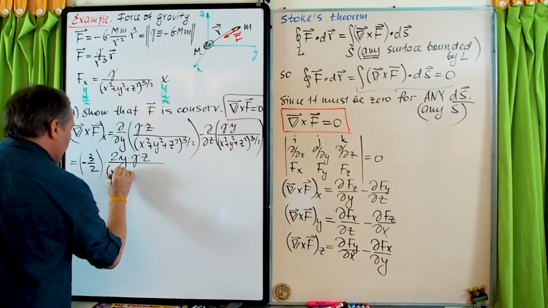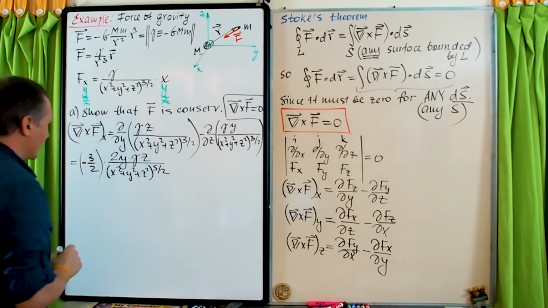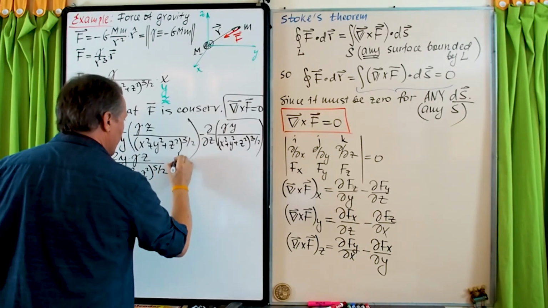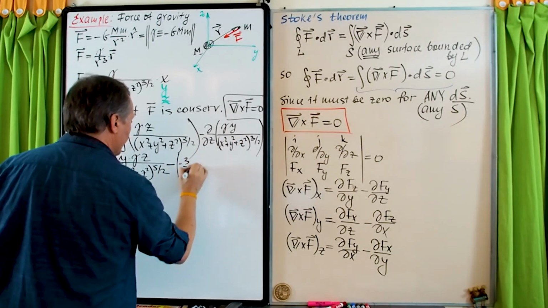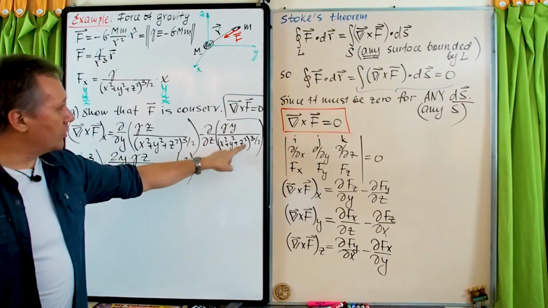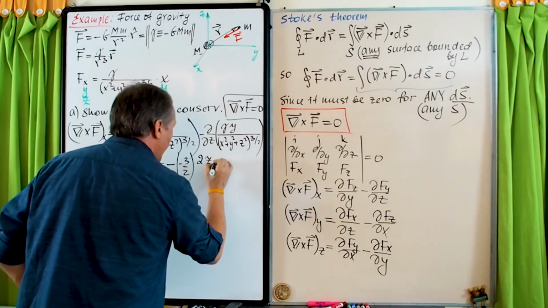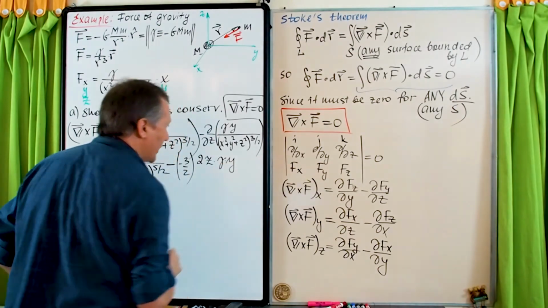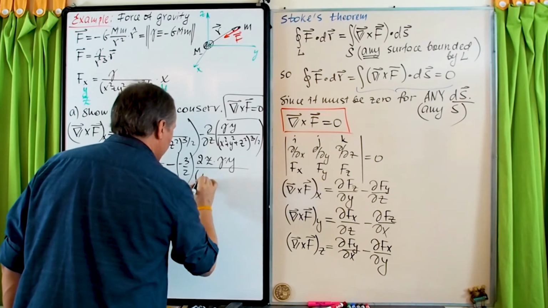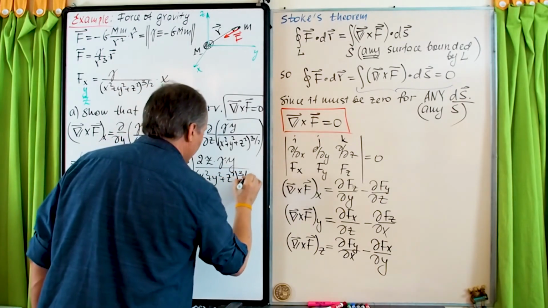So it will be x squared plus y squared plus z squared to the power of 5/2. And this minus, then again, minus 3/2. Now differentiation with respect to z, so 2z will pop up upstairs. So we will get 2z, and gamma, and y is treated as a constant, so divided by exactly the same, x squared plus y squared plus z squared to the power of 3/2.